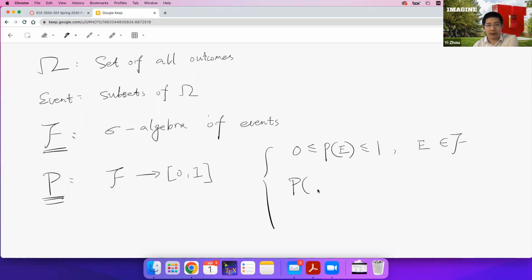The second says that the probability of this omega event, and omega is an event because it is a subset of itself, contains all the possible outcomes. The probability of this biggest event is 1.